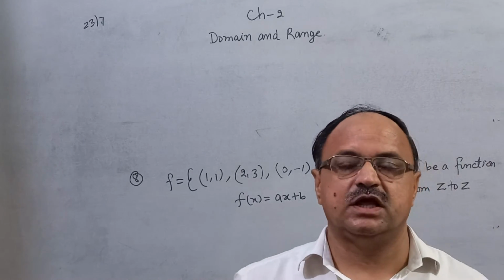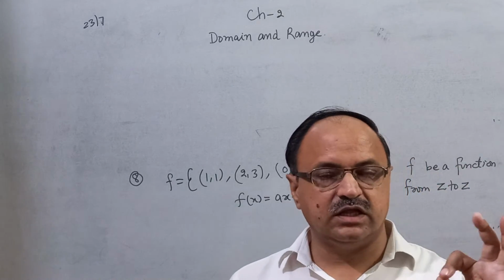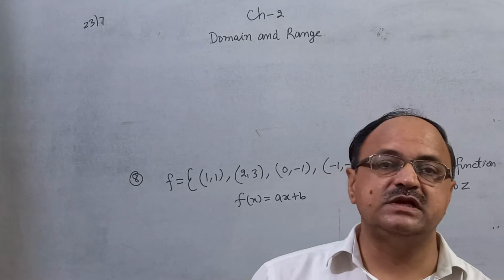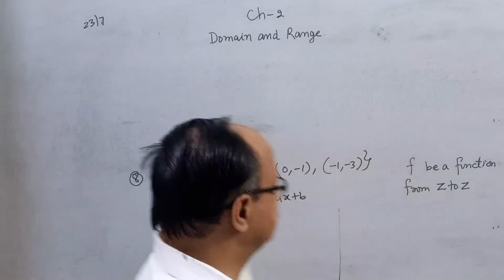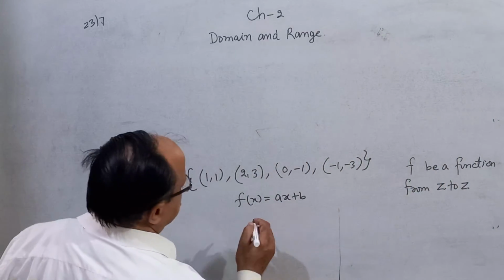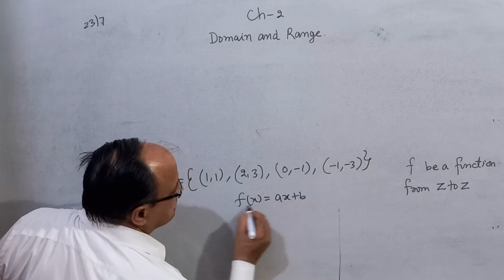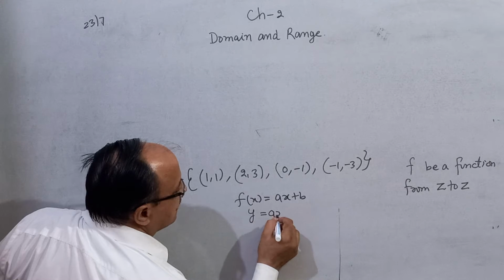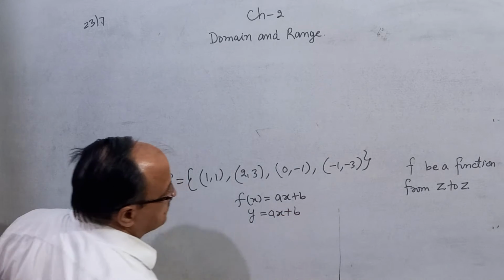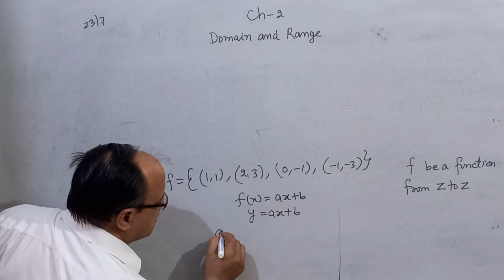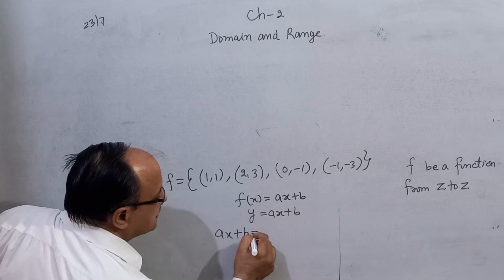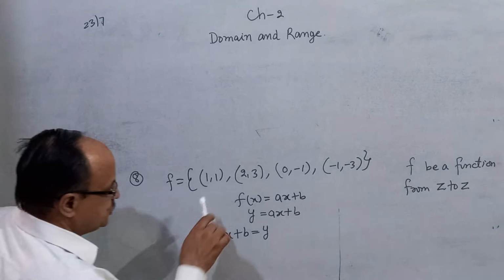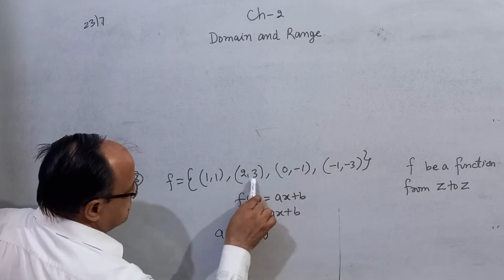What is a linear function? A linear function means a function in which the highest power of the variable is 1. Put y in place of f of x, so y is equal to ax plus b. Now take any two ordered pairs from there.